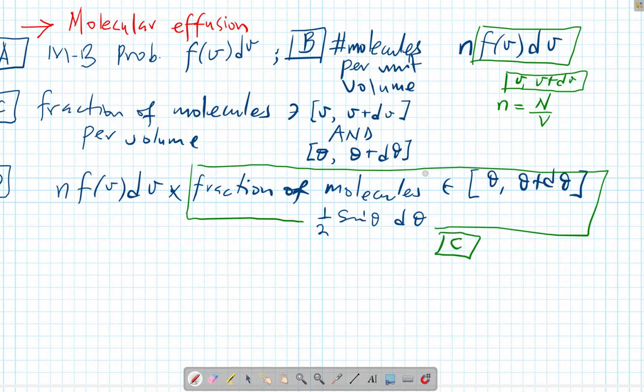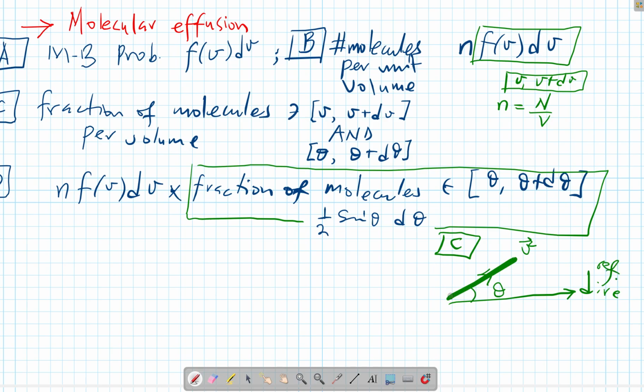This is point C. Right? So simply we want the fraction of molecules out of all the molecules within a container of gas. We want to select those that are traveling at an angle, let's say theta. So this is v, it is a vector. This is some reference direction, right?